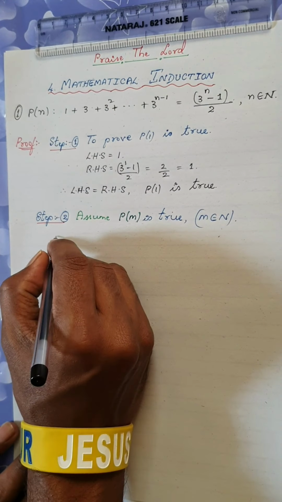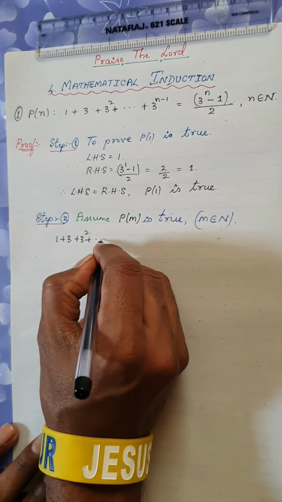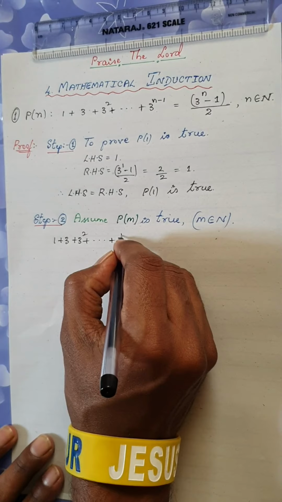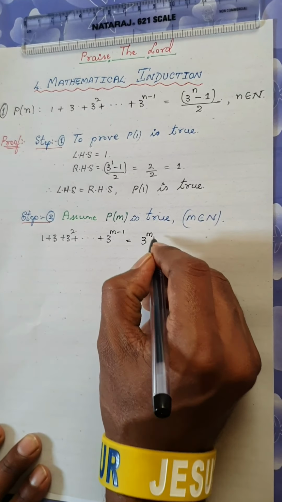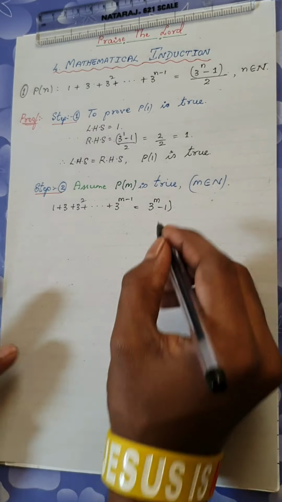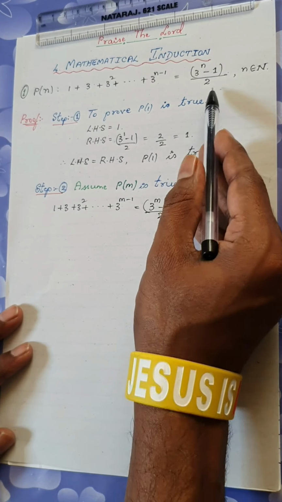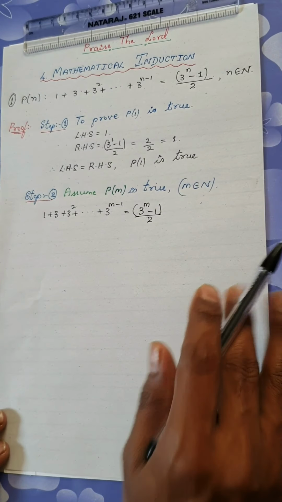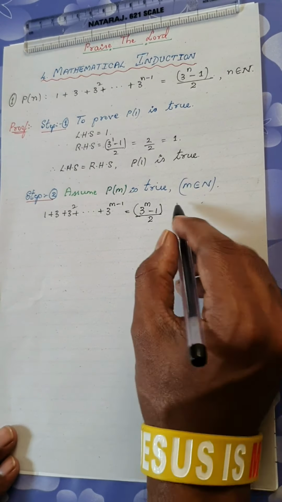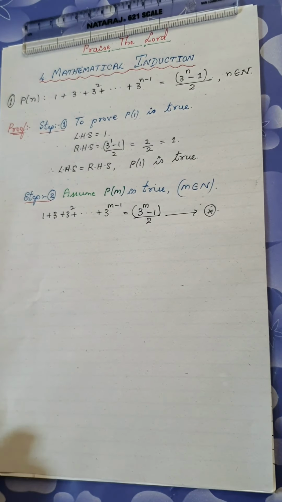That is, 1 plus 3 square, moving on up to 3 power m minus 1, is equal to 3 power m minus 1 divided by 2. So wherever you have n, replace it with m. This gives us step 2. We will consider it as equation star. We have nothing more to do with step 2.